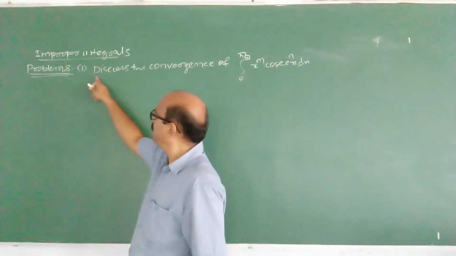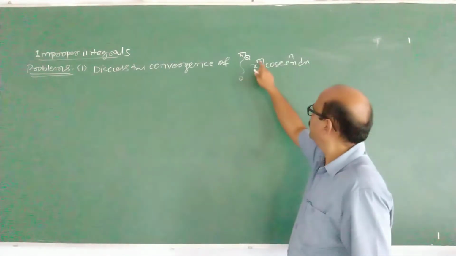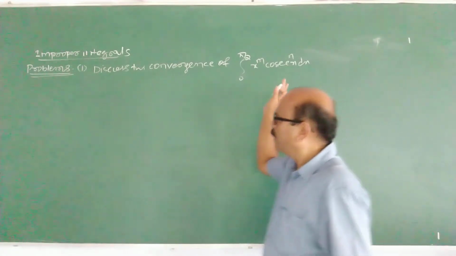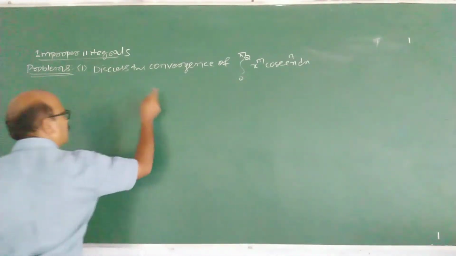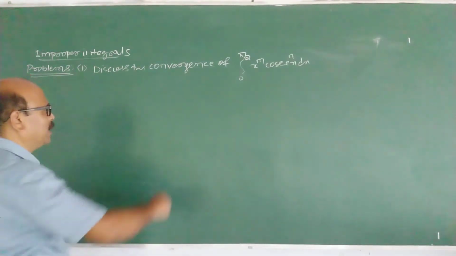First problem is discuss the convergence of the integral from 0 to pi by 2 of x raised to m cosec x raised to n dx. Here we apply the comparison test and standard integrals for comparison.